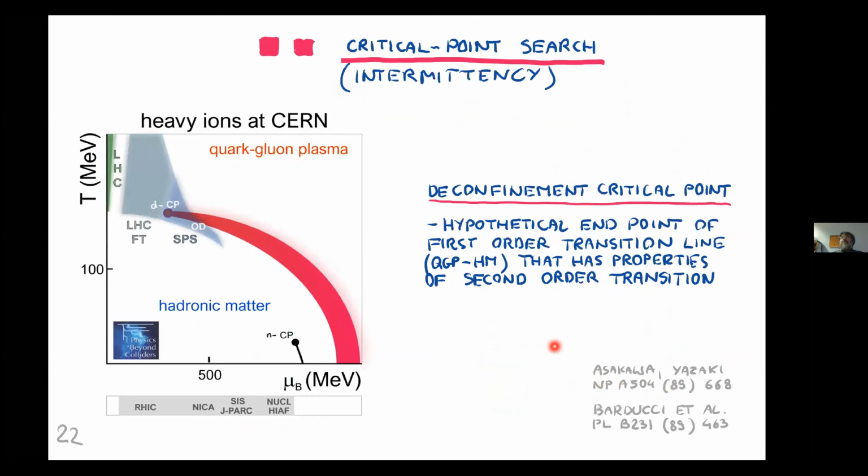Now, the last 12 minutes: critical point search only by intermittency. So the confinement critical point is the hypothetical endpoint of the phase transition line, QGP to hadron matter, that has properties of a second order transition. It was introduced in 1989 by two groups independently.